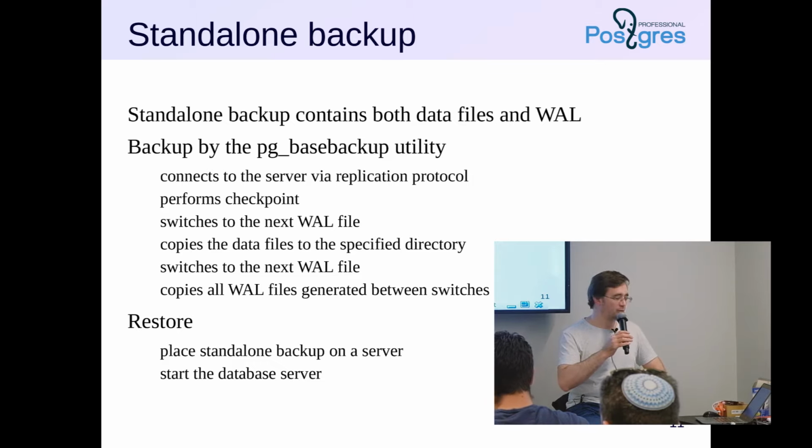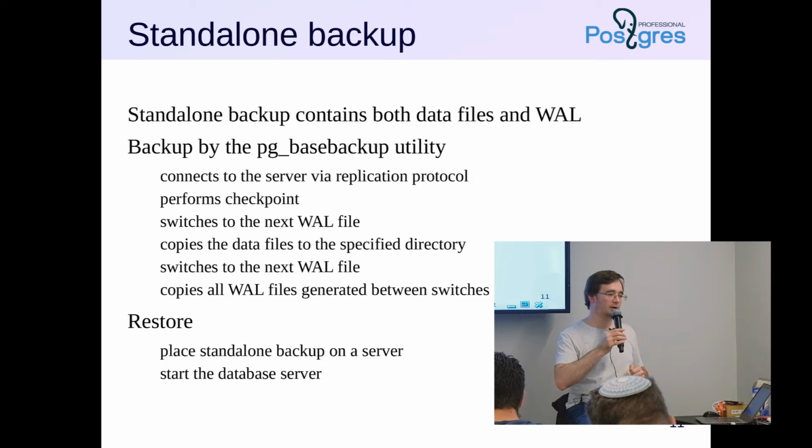Then it performs a checkpoint and switches to the next WAL file. And then it starts copying your data to the location you specified. After all data is copied, it again switches to the next WAL segment, and it copies all WAL files between the two switches to the backup copy.